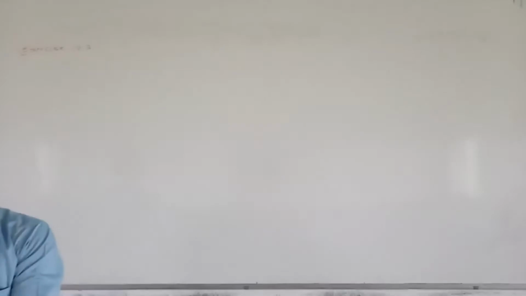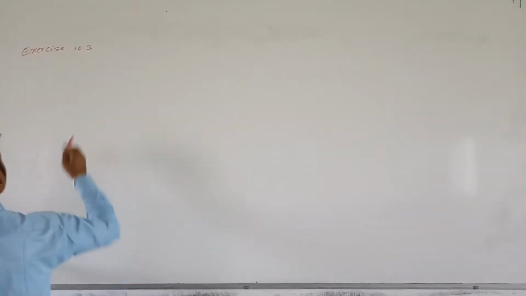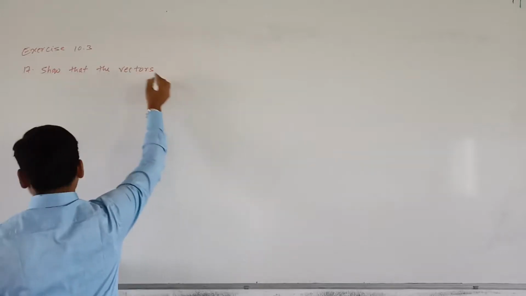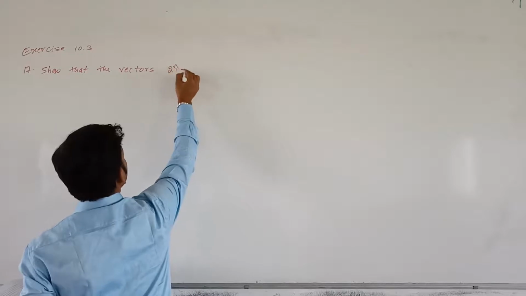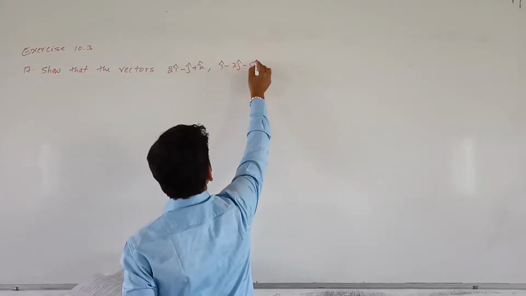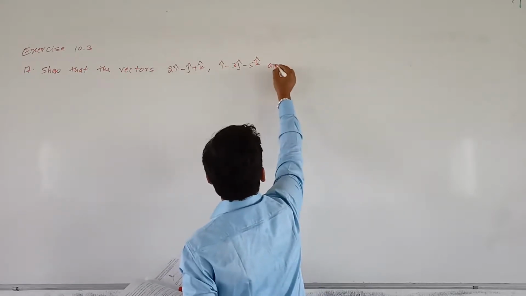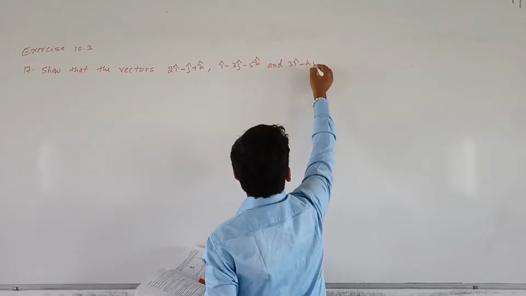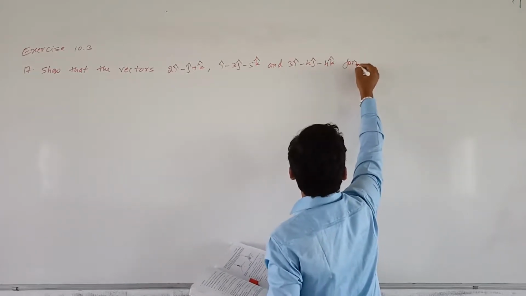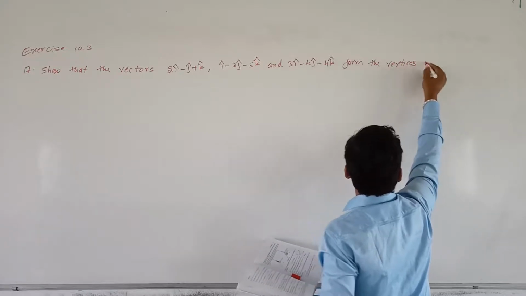Now, we will take the next question, that is question number 17. Question number 17 is: show that the vectors 2i minus j plus k, i minus 3j minus 5k and 3i minus 4j minus 4k form the vertices of a right angled triangle.